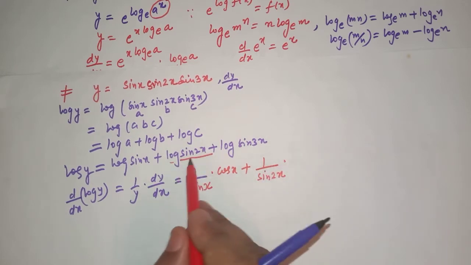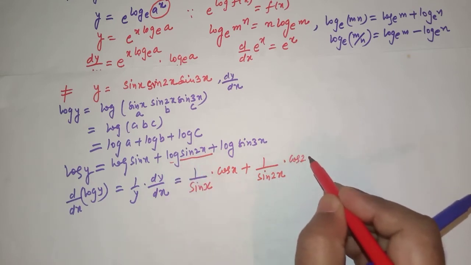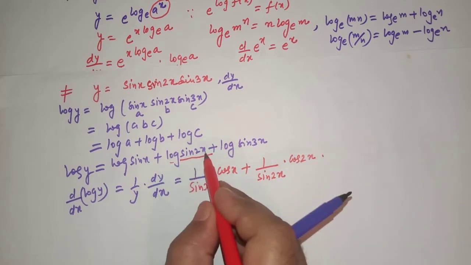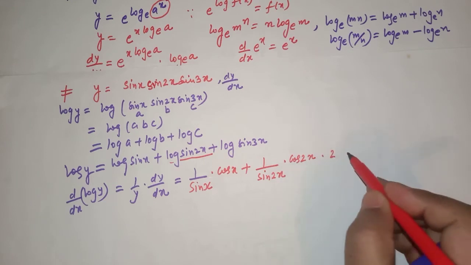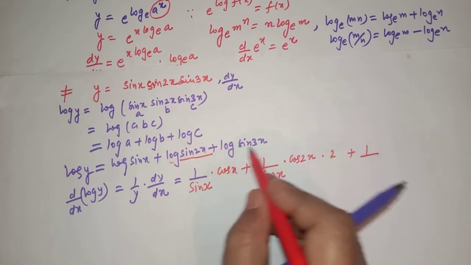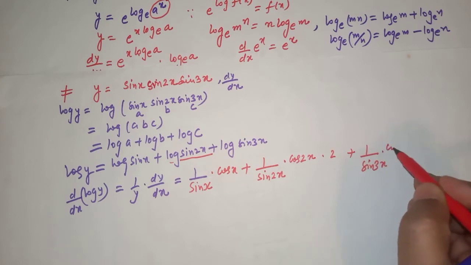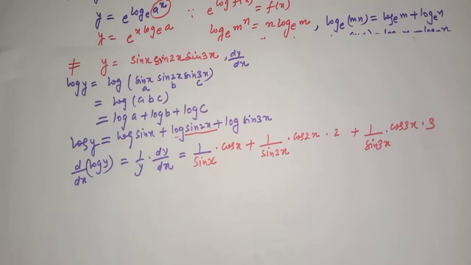Then we'll differentiate this sin 2x, we will have cos 2x, and then we'll differentiate 2x by making use of chain rule, so we'll get 2 plus, and similar is the explanation for this, 1 over sin 3x multiplied by cos 3x multiplied by 3. Clear?